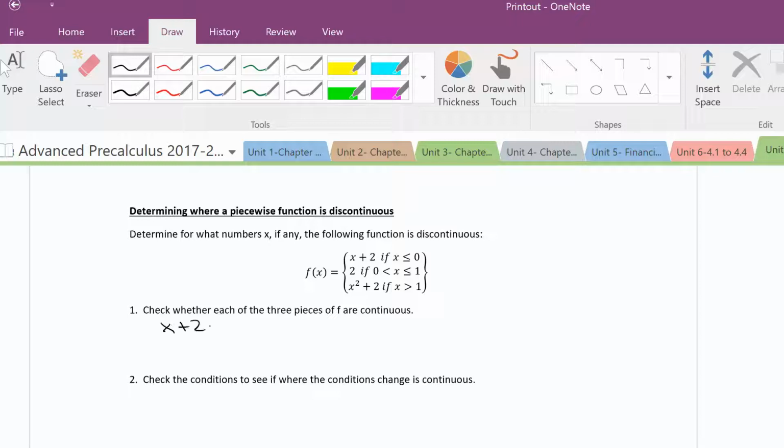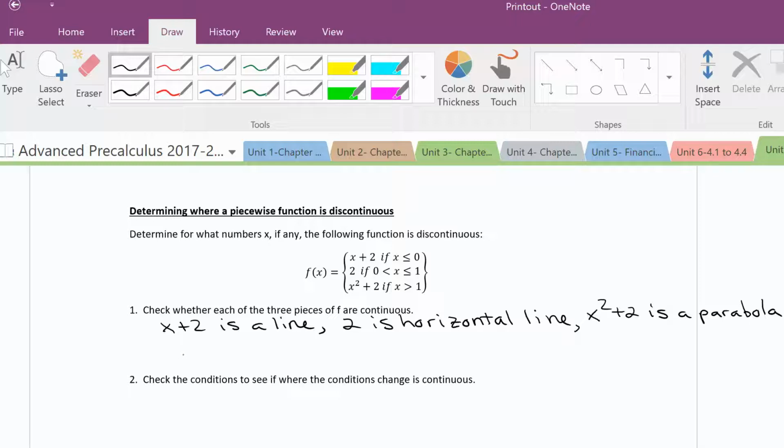X plus 2 is a line. 2 is a horizontal line. And x squared plus 2 is a parabola. All three of those functions are continuous. They do not have any restrictions on the domain.